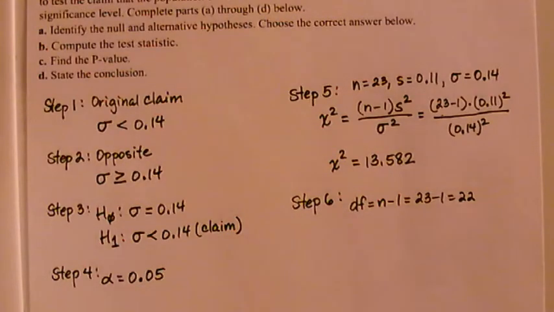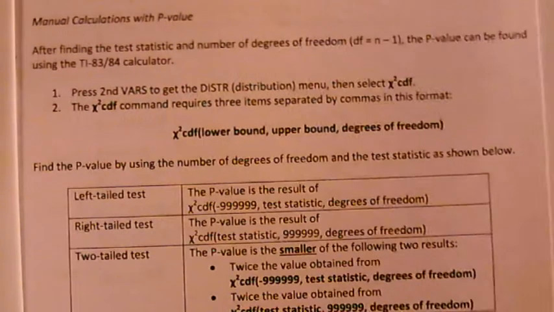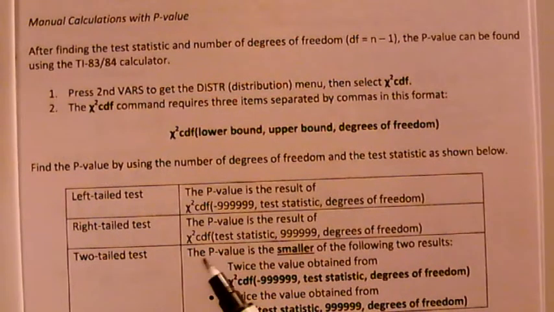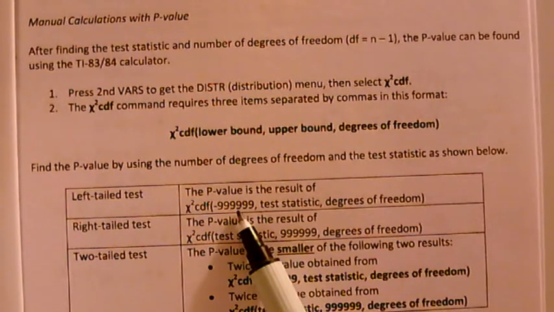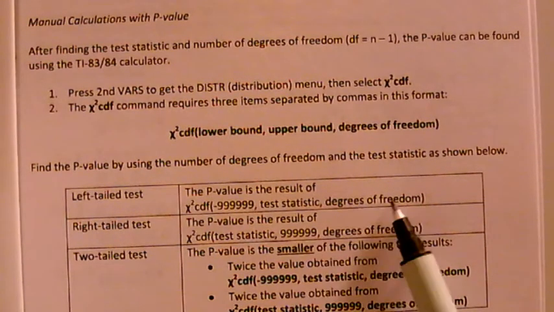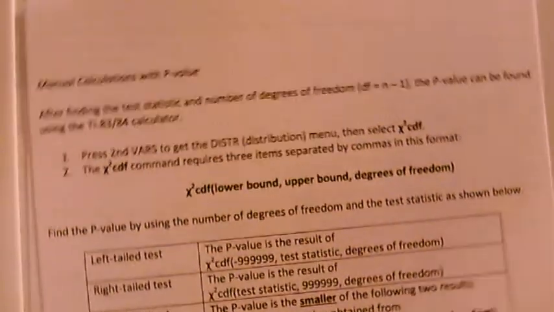So that means I'm going to be using, in this case here, in my graphing calculator, the chi-square CDF command, and then my lower bound will be negative 999,999, and then the test statistic, then your degrees of freedom.